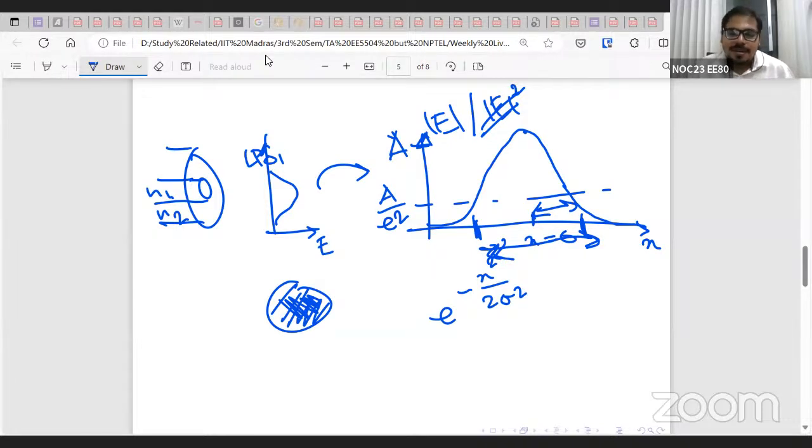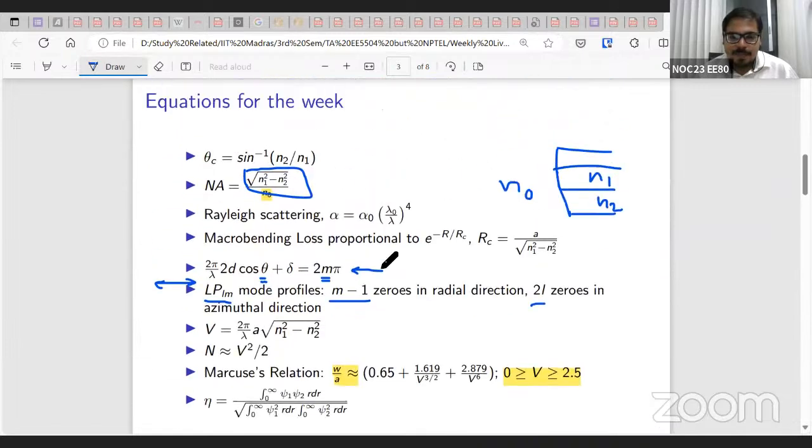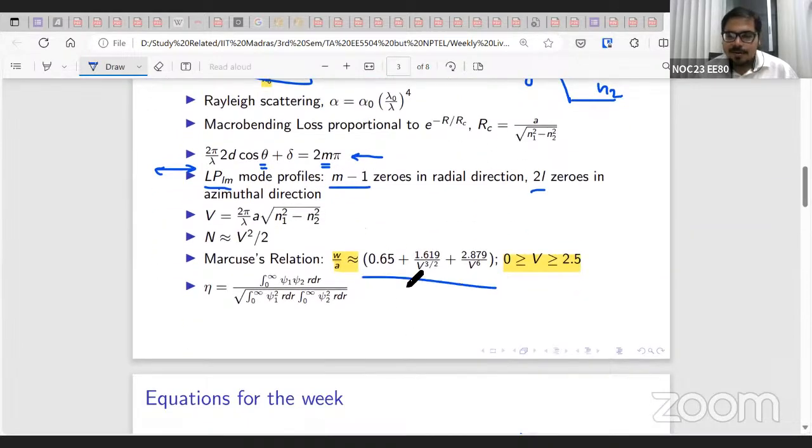To find this mode field diameter, you don't have to plot these functions. You use Marcuse's relation, which is this one. Going by what is asked in the assignment, they're always asking you to find the V number first.